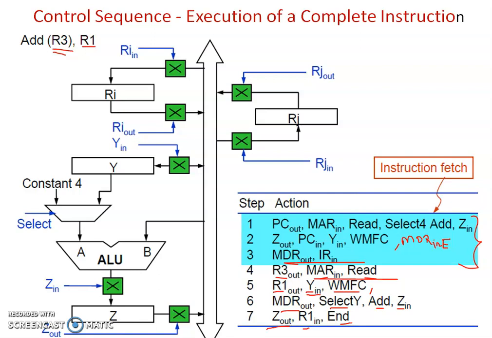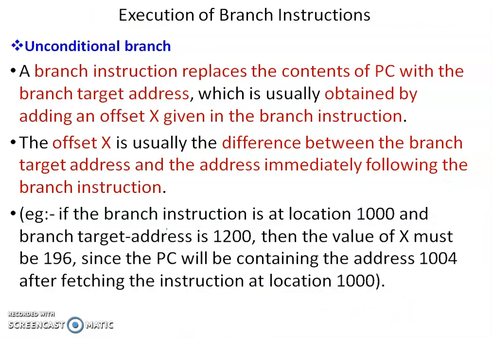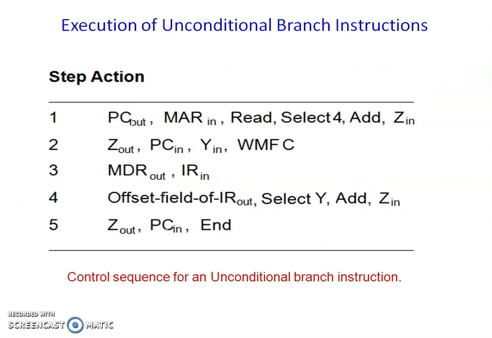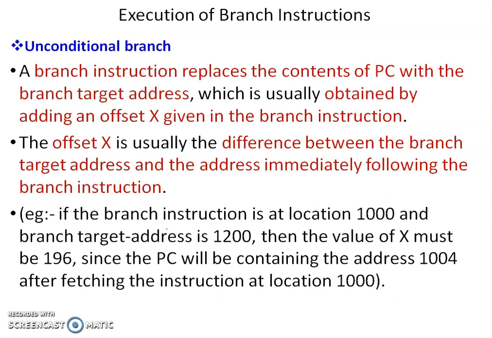So this is the way a complete instruction will be executed in a sequence for a single bus organization. Next, if a branching instruction is being done, then how the instructions can be written in a sequence. In such cases, we will be making use of an offset field.